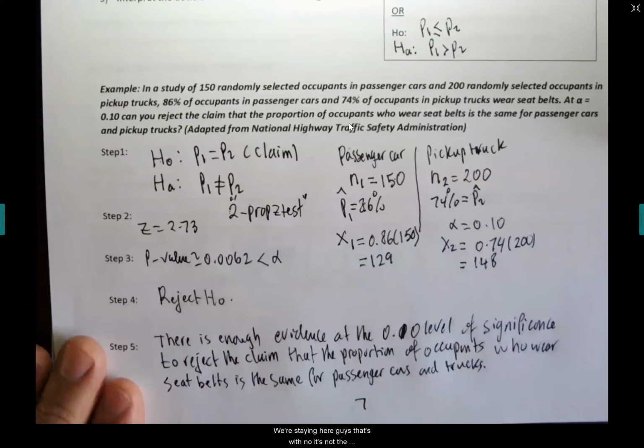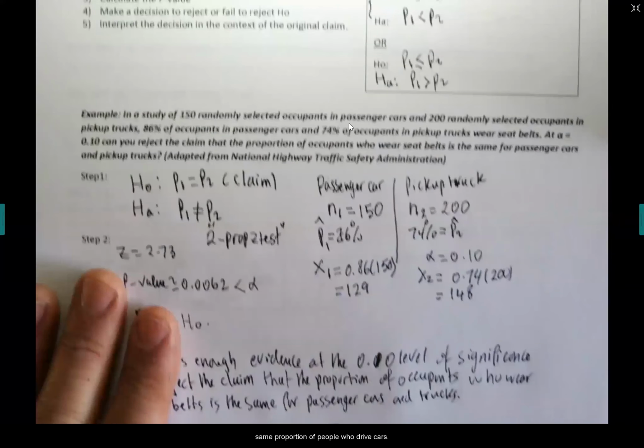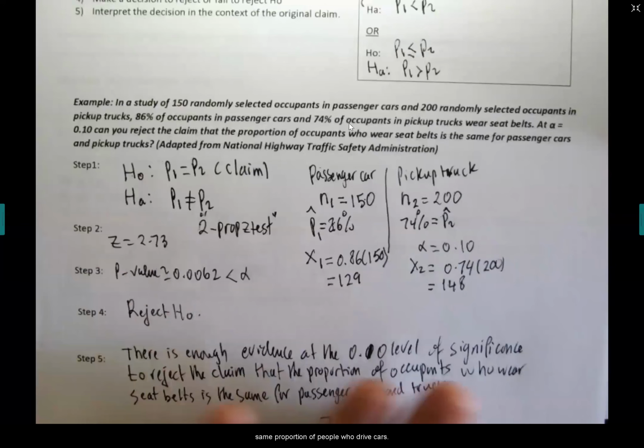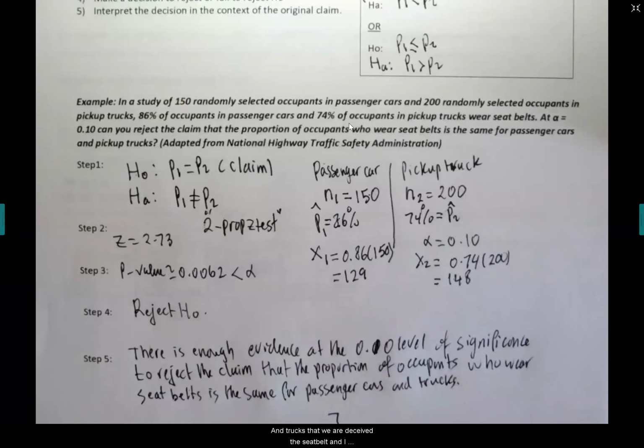We're saying here, guys, that no, it's not the same proportion of people who drive cars and trucks that wear the seat belt. And I can tell you this is true, guys, because people who usually drive pickup trucks, because they're big cars, are more inclined not to wear the seat belt because they feel safer than if they were in a car.